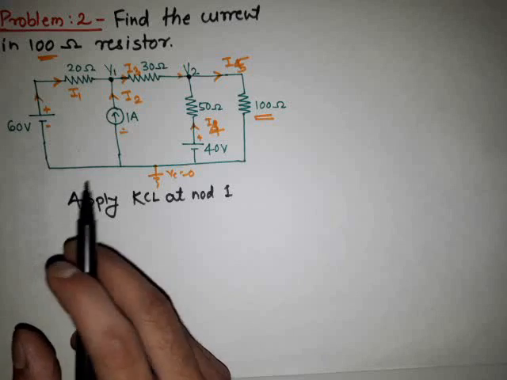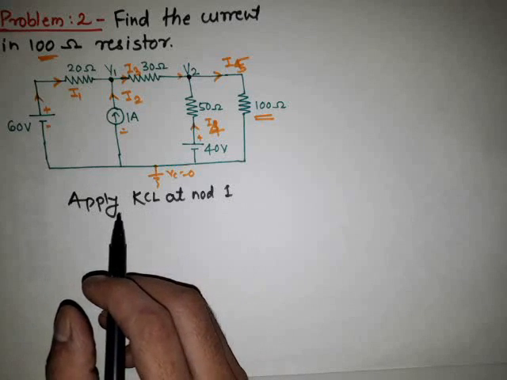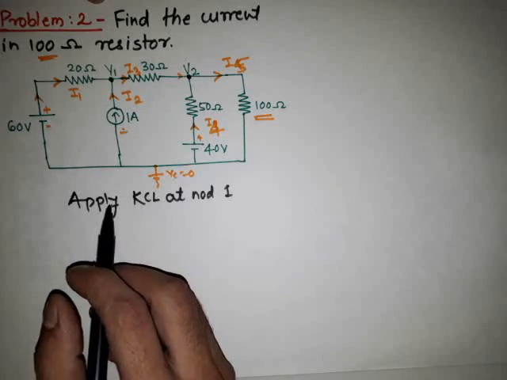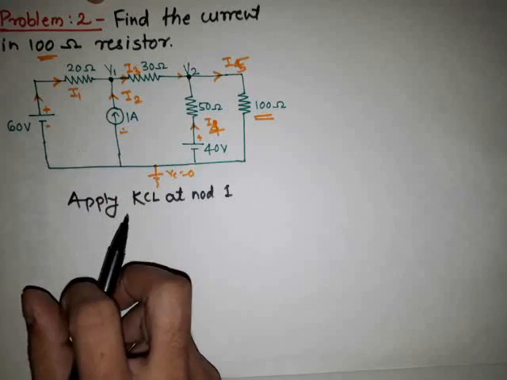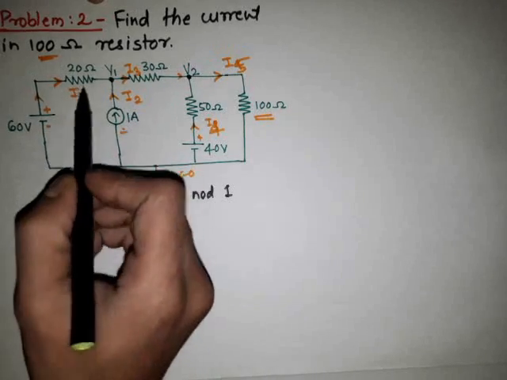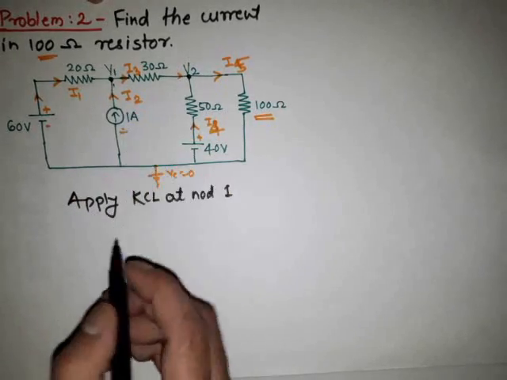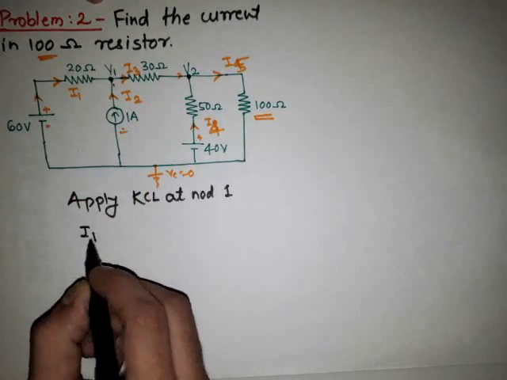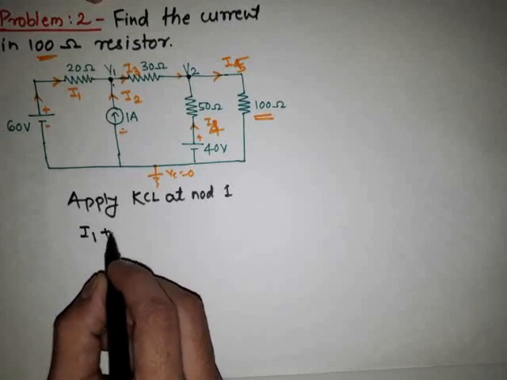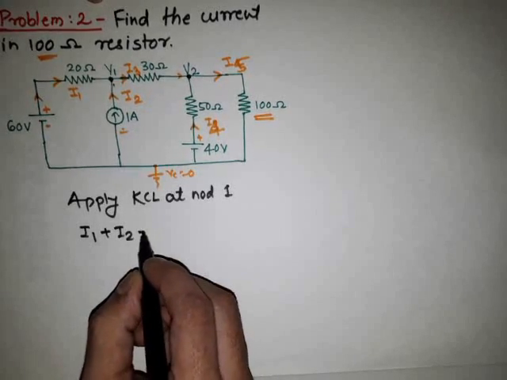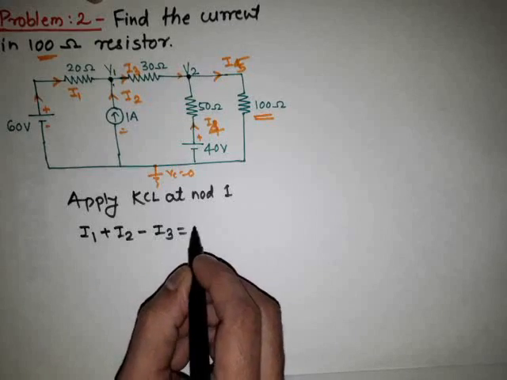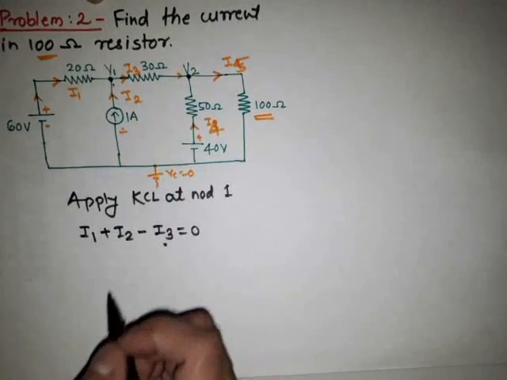Simply, the incoming current equals the outgoing current is the KCL, but for simplification we consider incoming current positive and outgoing current negative. Here I1 is incoming current, I2 is incoming current, and I3 is outgoing current. So I1 is incoming, therefore positive. Again I2 is incoming current, minus I3, which is equal to 0, because I3 is the outgoing current.